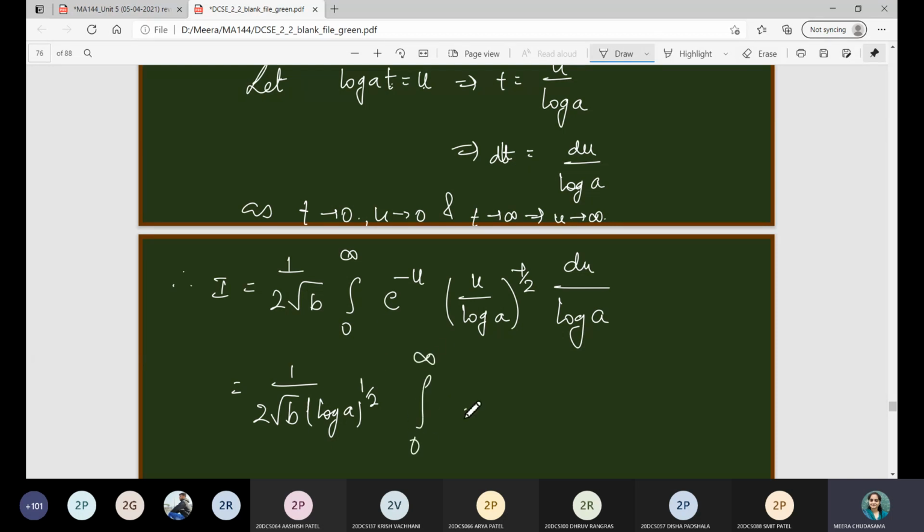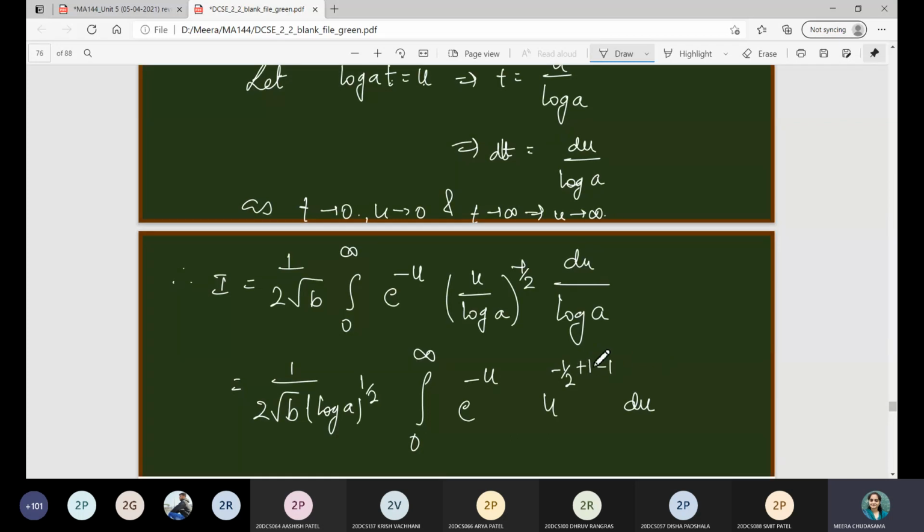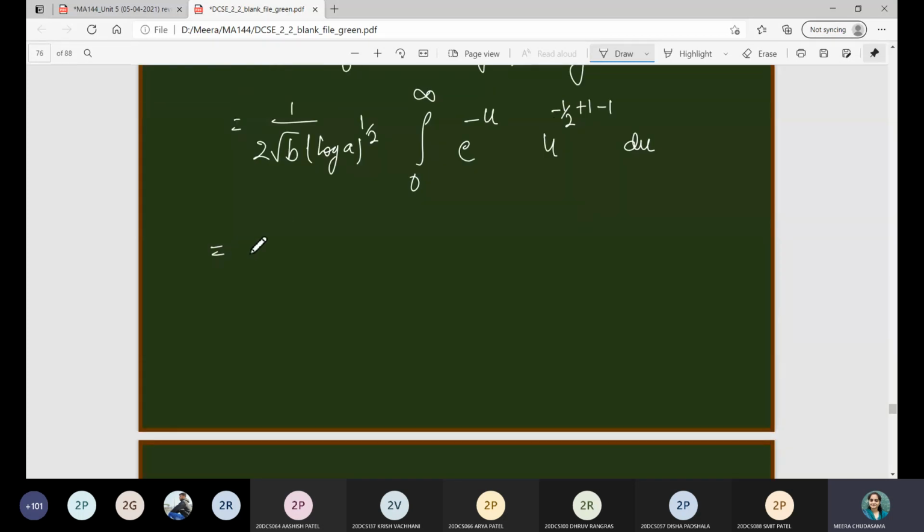And the rest of the thing, e raised to minus u, u raised to minus 1 by 2 du, we have to add and subtract 1. So what will this integral be now? Gamma of 1 by 2. Gamma of 1 by 2, right?